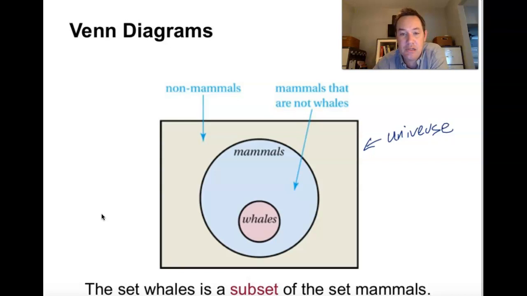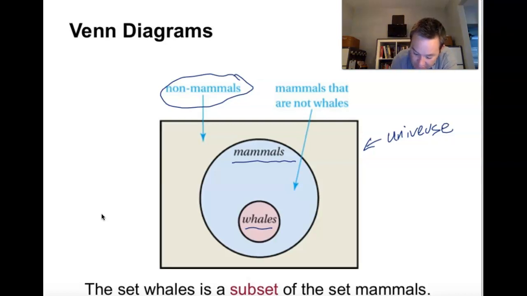And so let's look at the relationship. It looks like we have 3 sets that we're discussing here. The set of whales, the set of mammals, and then everything outside the set of mammals, so non-mammals. And the relationships between these things, the set of whales is completely encompassed inside the set of mammals, so we say that whales is a subset of the set of mammals.